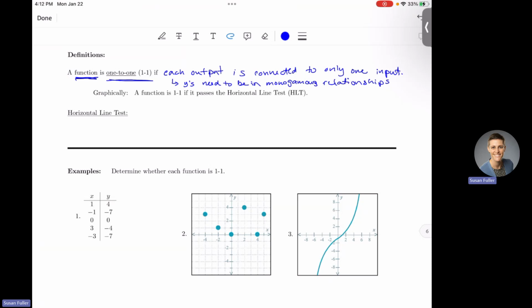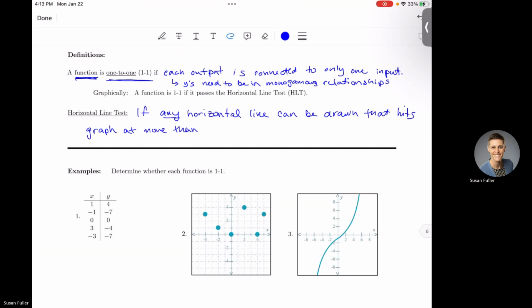Graphically, a function is one-to-one if it passes the horizontal line test. The horizontal line test says if any horizontal line can be drawn that hits your graph at more than one point, then your graph is not one-to-one.